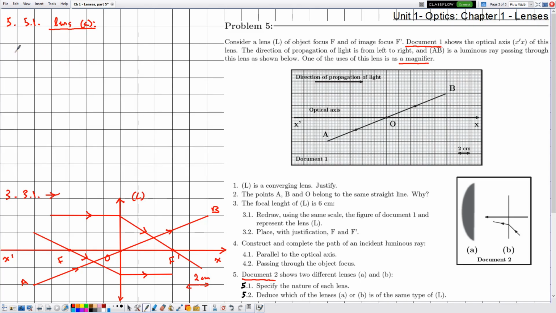Then let's write down: since a converging lens is thicker at the center and thinner at the edges, and this is known as a thin edge lens, then A is a converging lens.